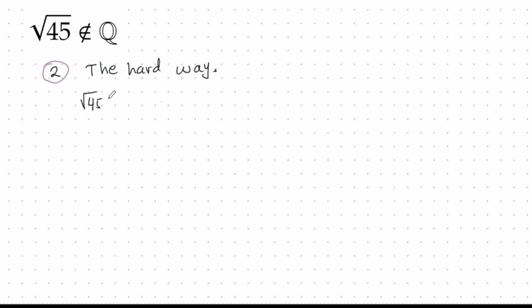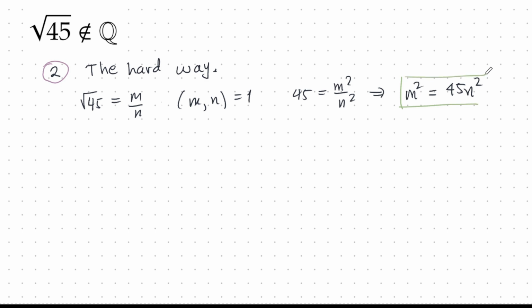Root 45 is m over n, where the GCD of m and n is 1, so they're coprime. And so 45 is m squared over n squared, or m squared is equal to 45 n squared. Okay, so that's the first thing we should highlight.